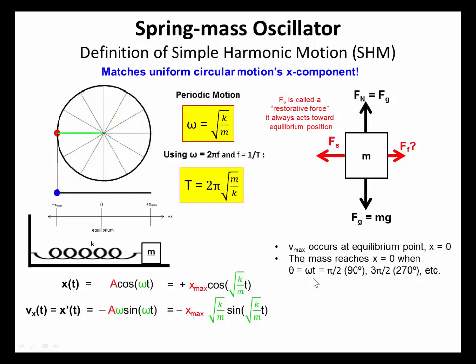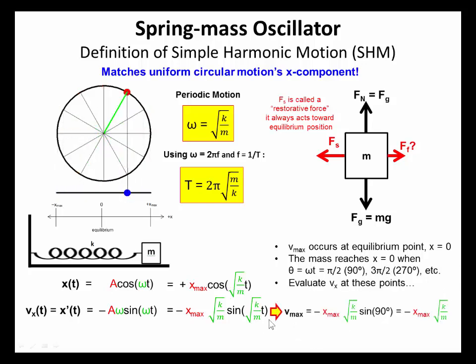So when x equals 0, our angle up on our circle has to be some value that's related to a 90, a 270 degree, etc. Because at 90 degrees, we're back at our equilibrium. And of course, if we plug 90 degrees into our sine function here for our angle, it turns into a 1. And so what do we get for our maximum value then?